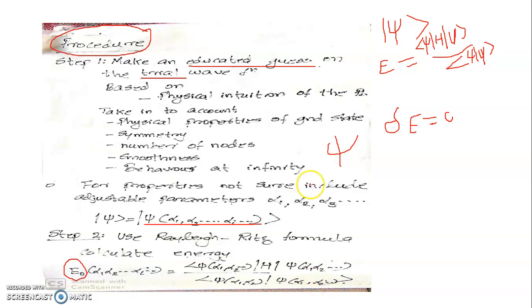Once you have made a guess on this wave function, you can normalize it using the scalar product psi with psi equal to 1. Of course, that will give you the normalization constant. And once you are using this normalized wave function, you can eliminate the denominator as this is equal to 1.